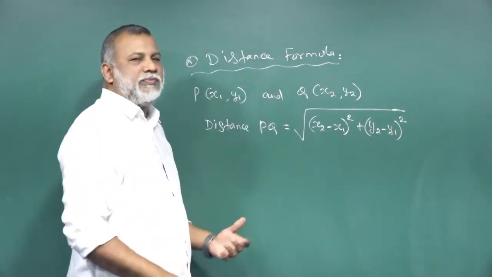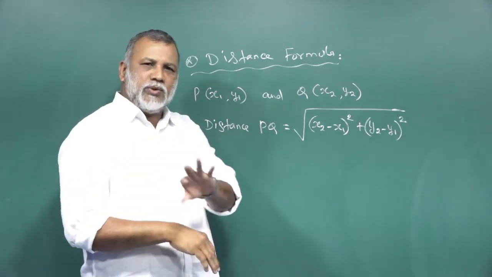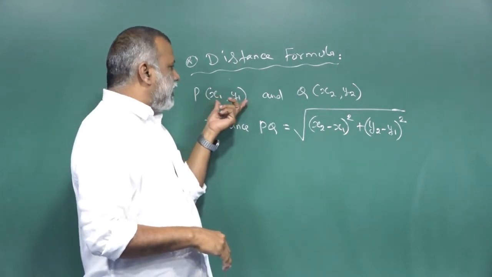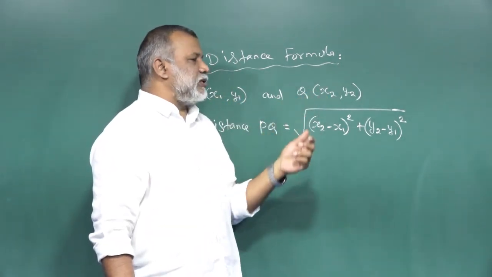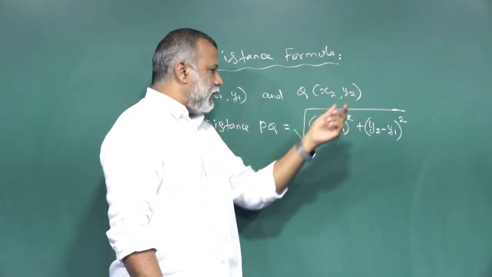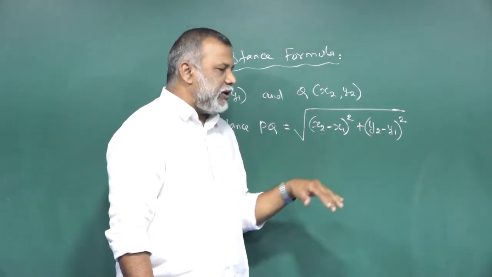You know this formula, and you are using it in many places. So the distance between 2 points P of x1, y1 and Q of x2, y2 is given by PQ equal to the square root of x2 minus x1 the whole square plus y2 minus y1 the whole square.